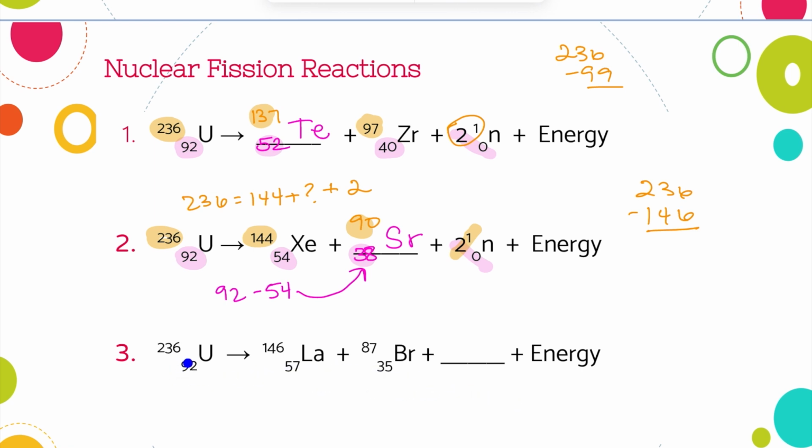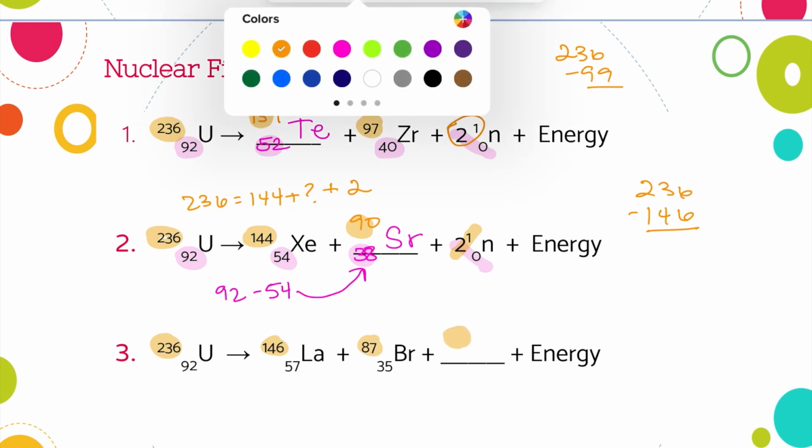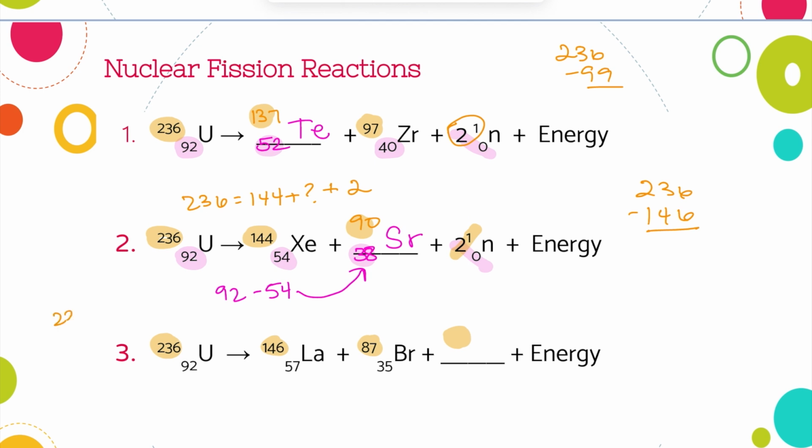Looking at this next one, feel free to try this on your own if you want. 236, 146, 87, and then something. So we've got that 236 needs to equal 146 plus 87 plus something. When I add those together, I get 233.